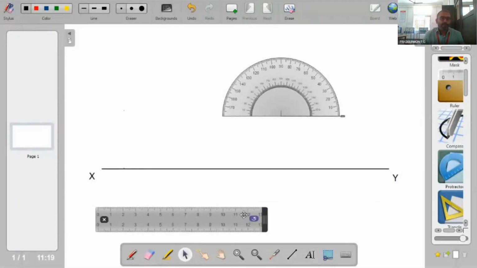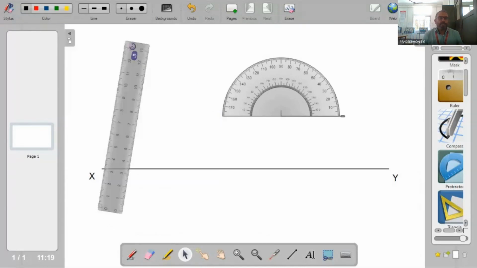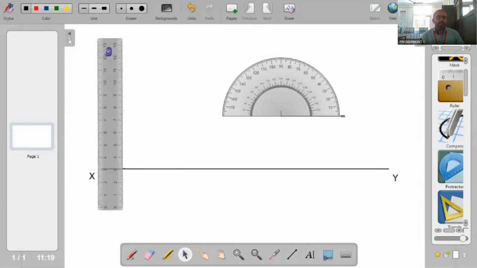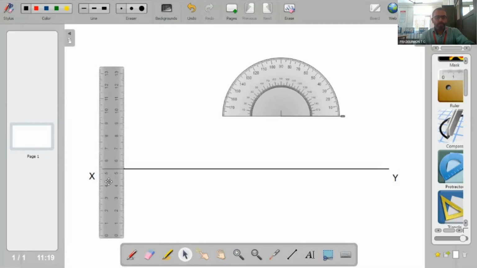The 90 degree is marked. Now we rotate the scale in such a way that we can draw the perpendicular line. So we draw the perpendicular line like this.